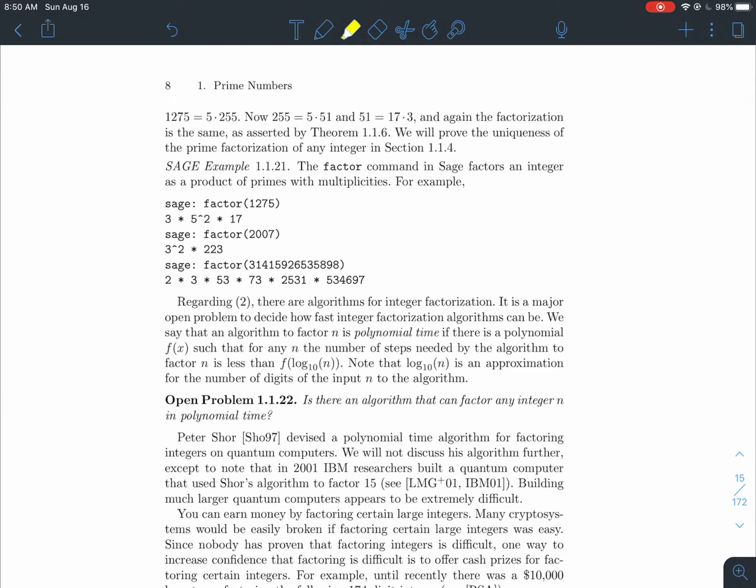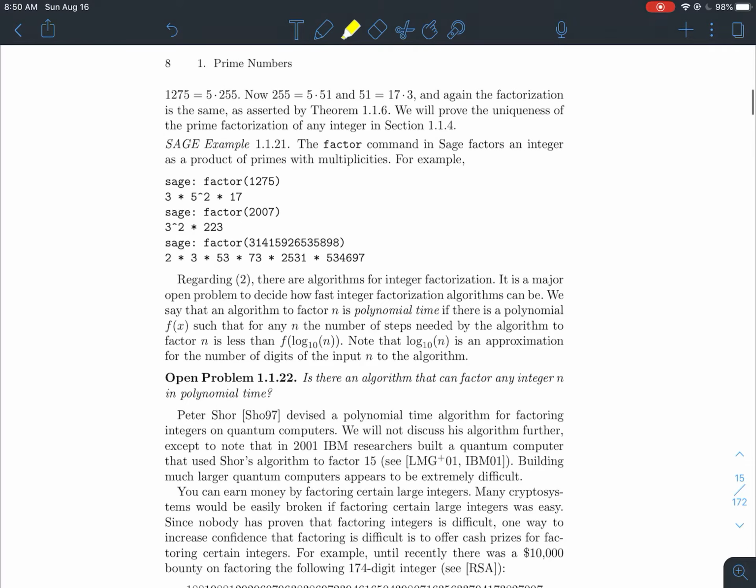If you find it interesting, read it, but if you don't know anything about, say, polynomial time, which is some computer science speak, you don't have to pay too much attention to this. There's an open problem: is there an algorithm that can factor any integer in polynomial time?